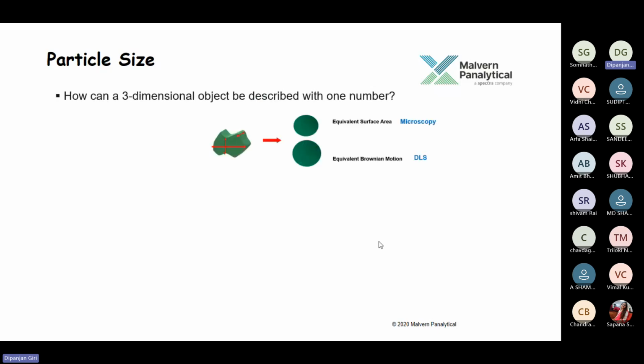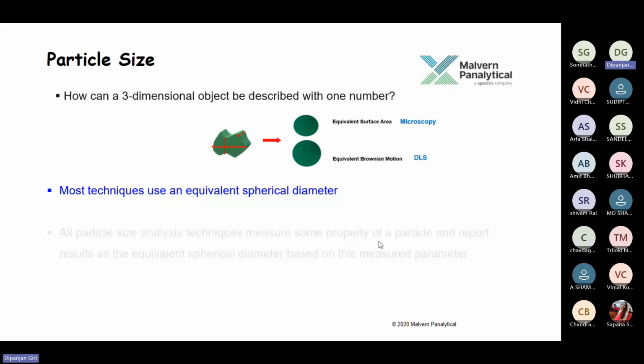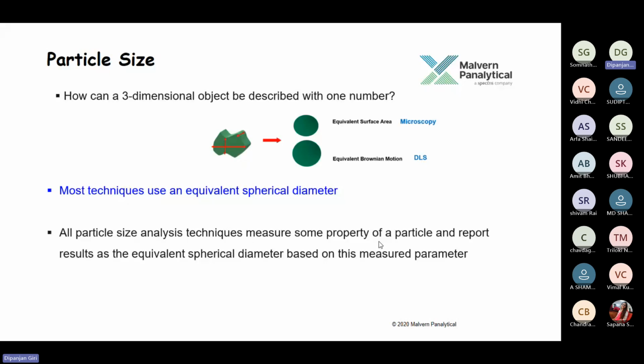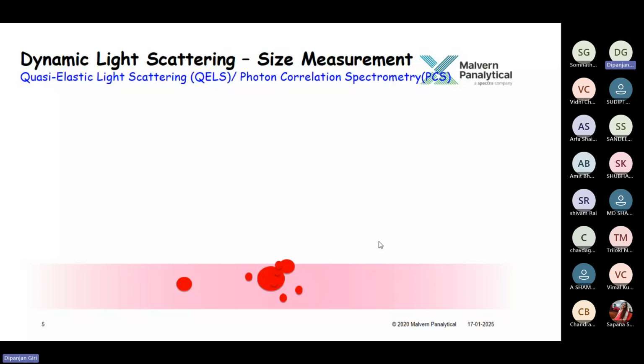The first problem is how to describe a three-dimensional particle, because every particle is three-dimensional. Most techniques use an equivalent spherical diameter, which is convenient since the size of a sphere can be described with a single number.